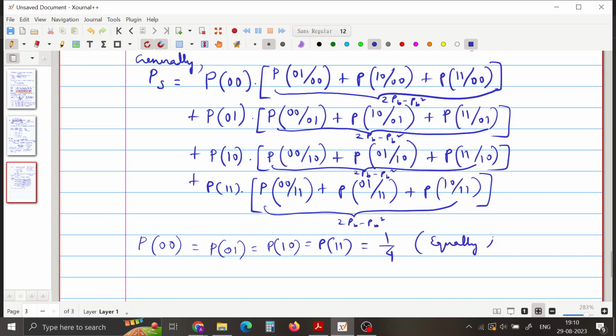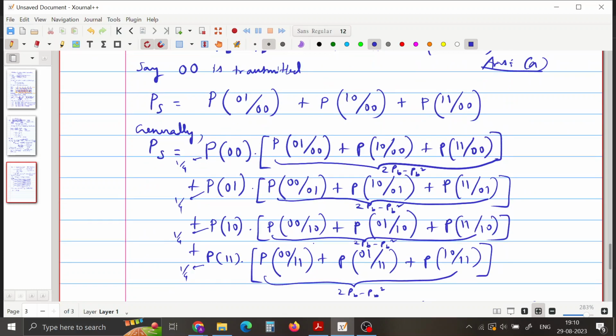So if you substitute these, you simply get 2 PB minus PB squared, right?